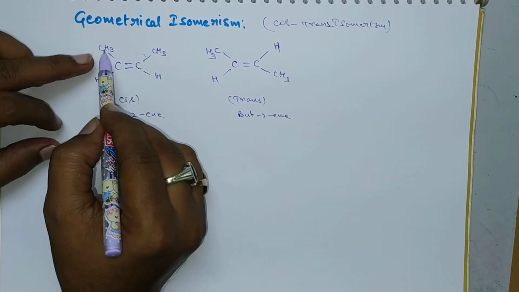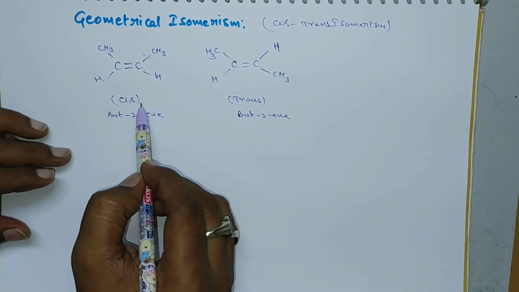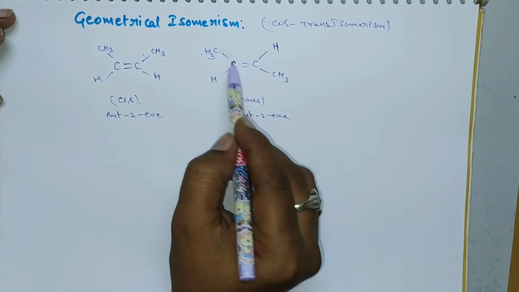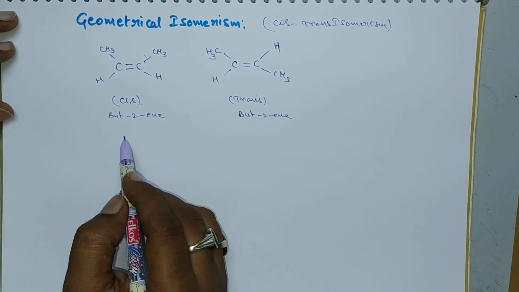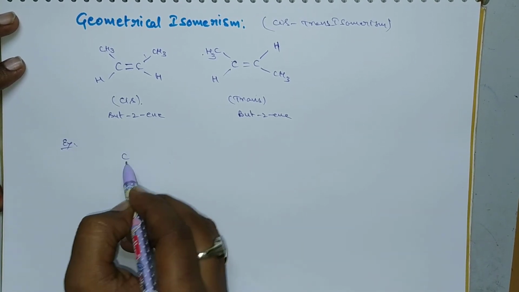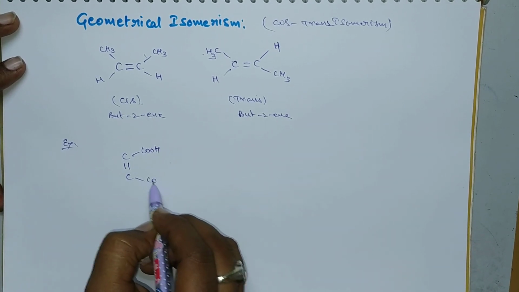If two similar groups are present on the same side of the double bond, that isomer is called cis isomer. If two similar groups are present on opposite sides of the double bond, they are called trans isomers. Let us have a look at another example. Take C double bond C with COOH and COOH.